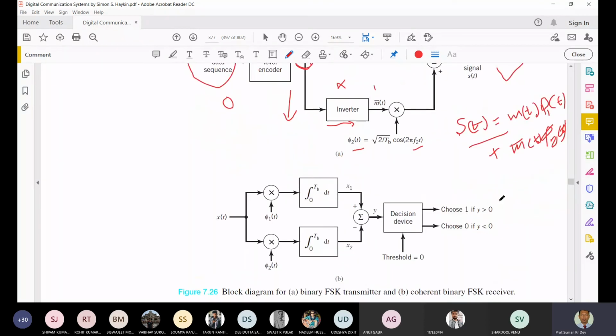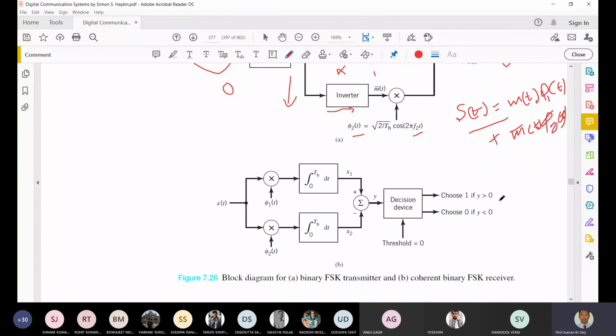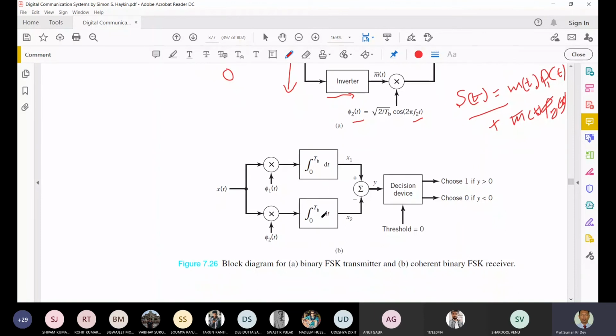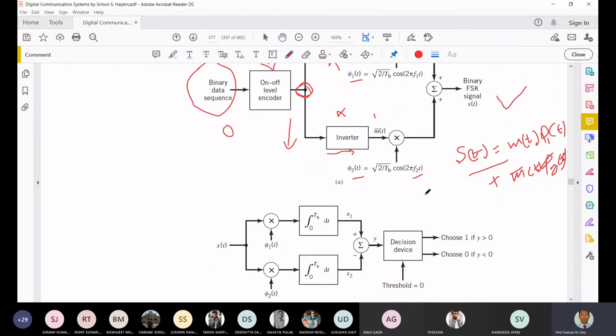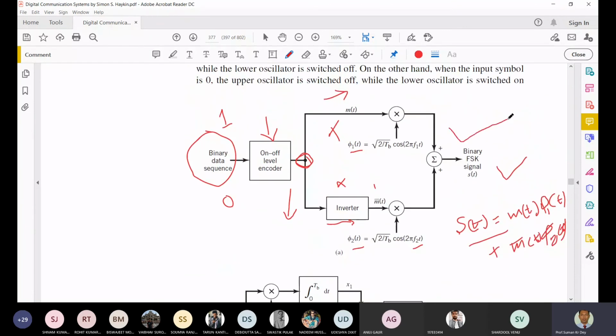Now, before going to the receiver, the coherent binary FSK receiver, when we are generating the signal we require two oscillators, because for the two basis functions there is a difference in frequency. F1 is there and F2 is there.